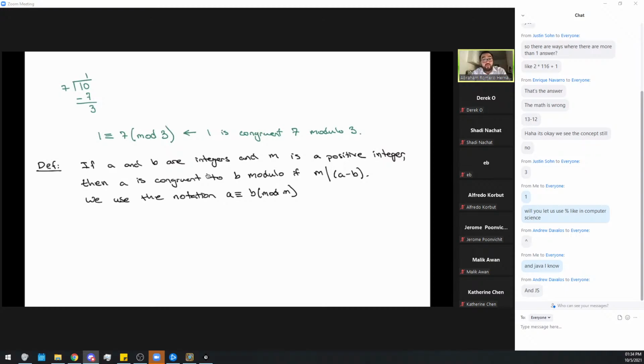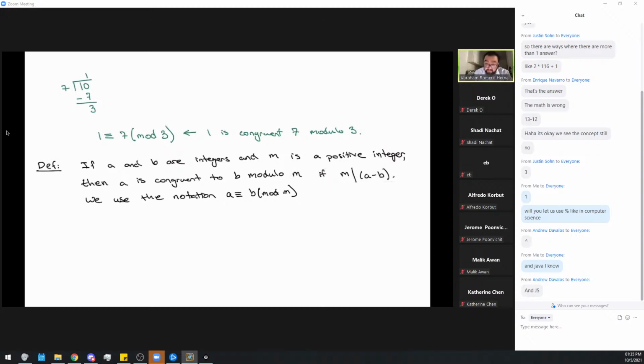When you're writing this, and you already know that I'm very picky with notation, if you don't write the three horizontal lines, I'm not thinking you mean modulo. I think you mean something else, okay? So make sure, I'm missing something here. Oops, modulo M. There it is. That's why it was looking all funky.